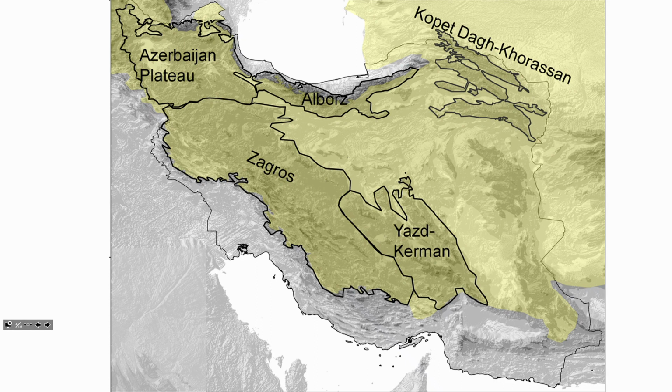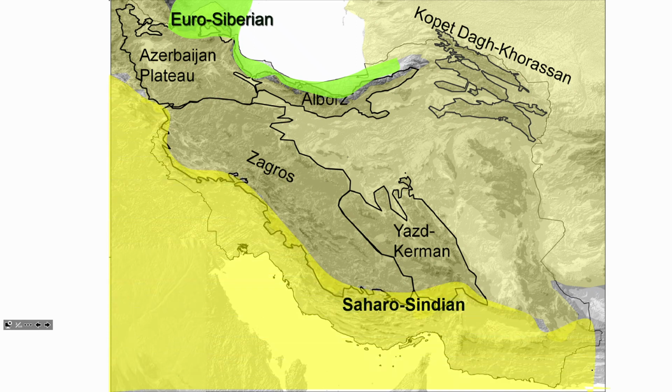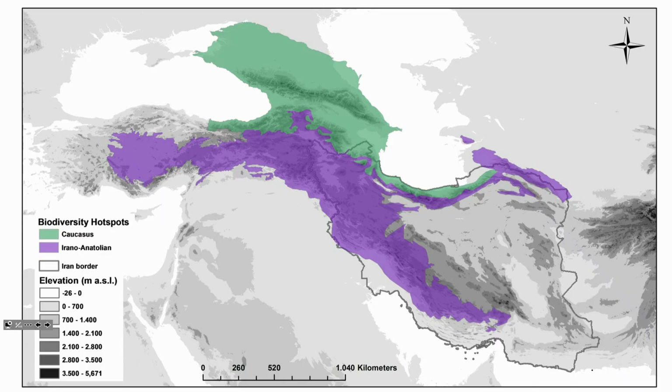And as you can see, this yellow part is the Irano-Turanian region, Caucasian, and Saharo-Sindhian, the southern parts. And here is the map showing global biodiversity hotspots.